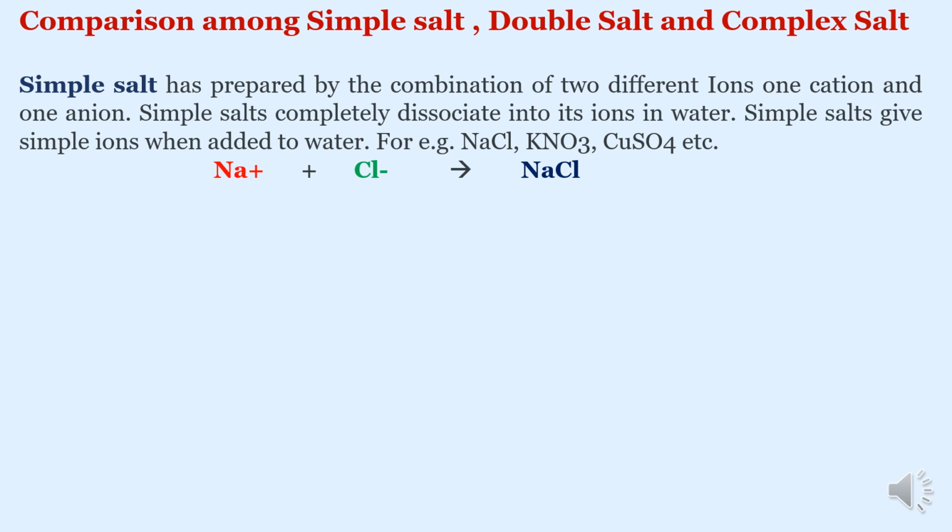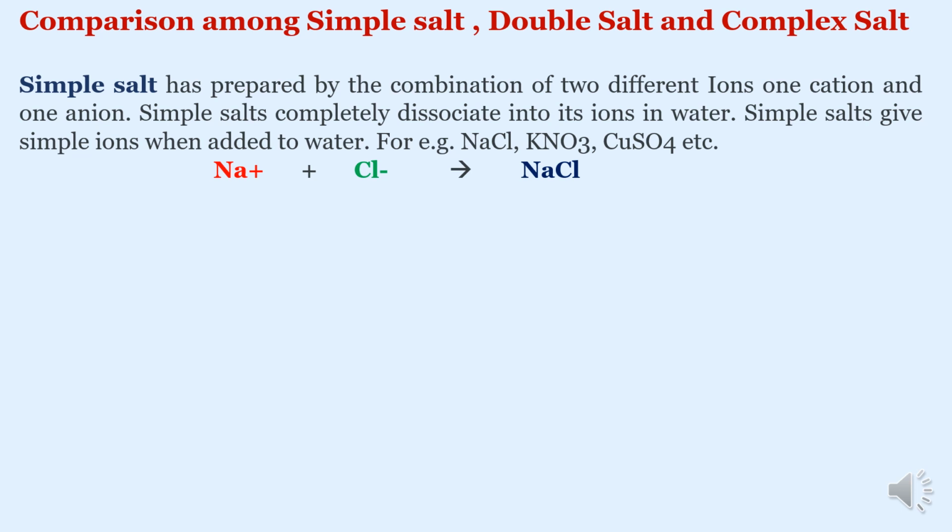Why do we call it a simple salt? A simple salt completely dissociates into its ions when dissolved in water. For example, if we dissolve any one of these salts, like NaCl or sodium chloride, potassium nitrate or copper sulfate, in H2O, they dissolve completely into their simple ions.